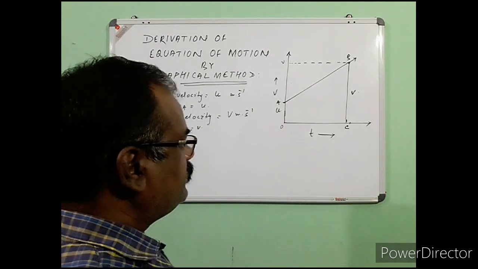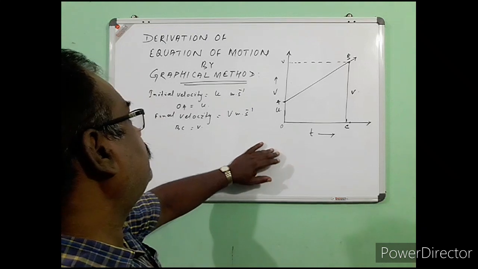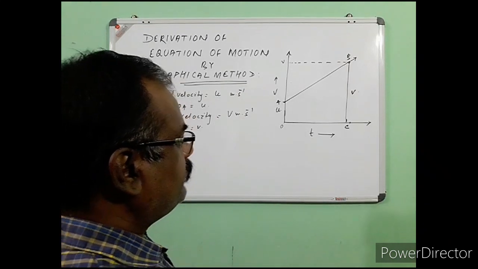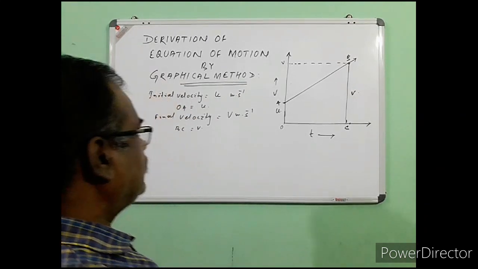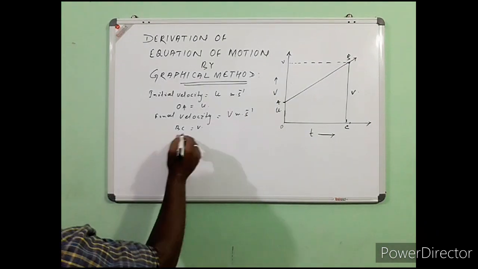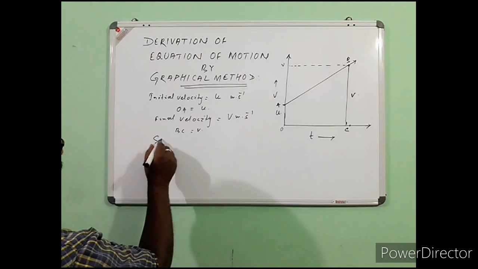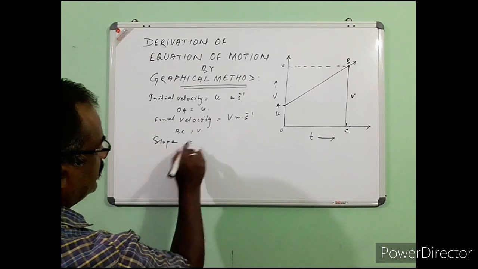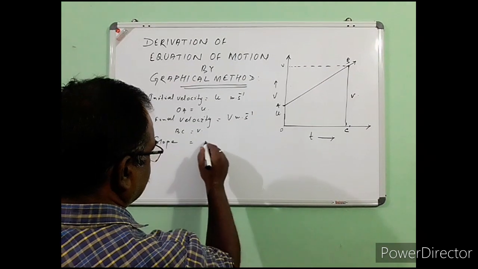Now we have to derive the equation of motion from this graph. As we know, in a velocity versus time graph, the slope of the graph indicates the acceleration.